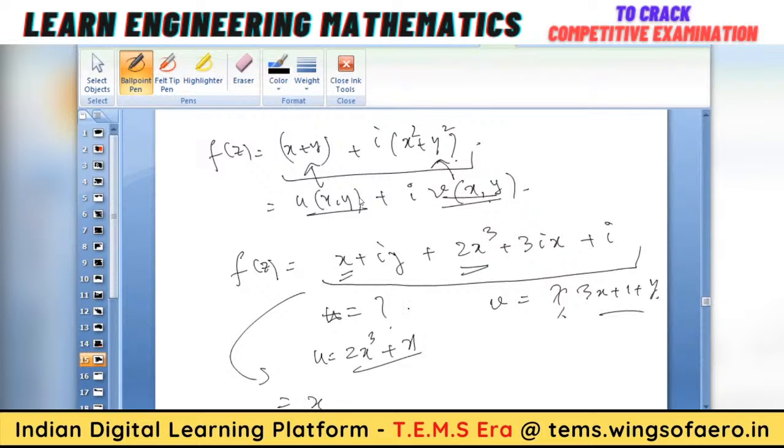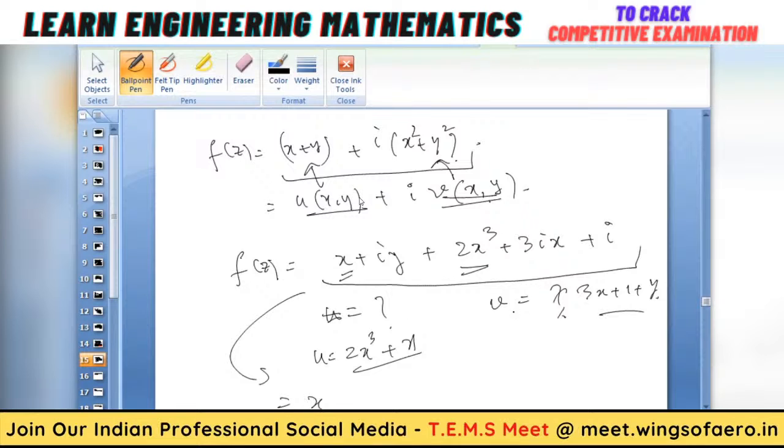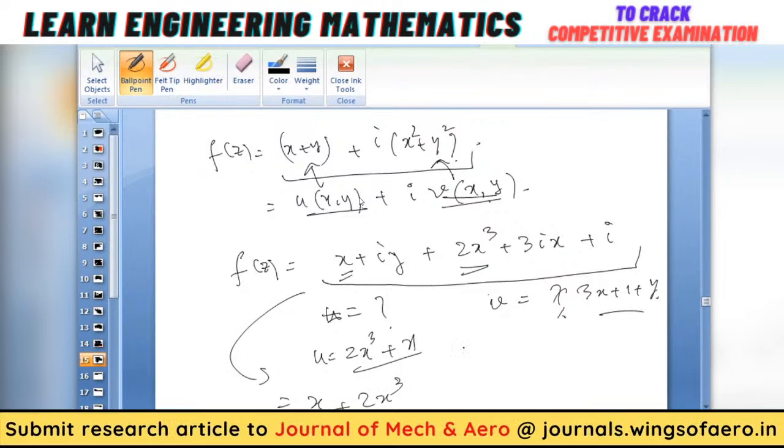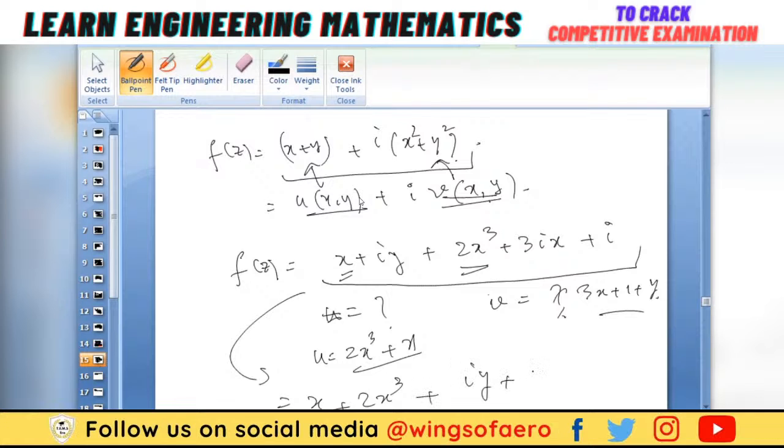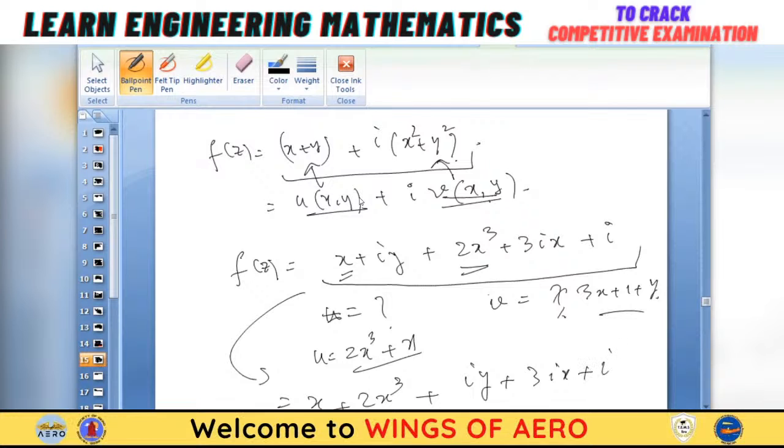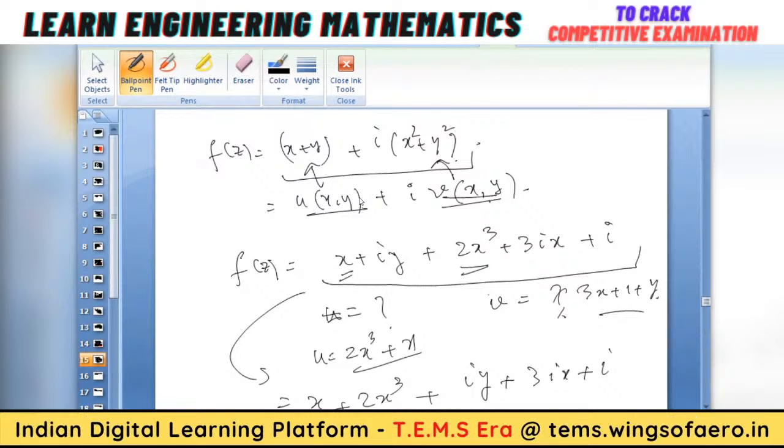So simply separate the i part and separate the non-i part. 2x cube plus x are the non-i part, plus i times (y plus 3x plus 1).